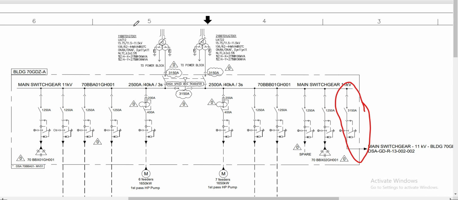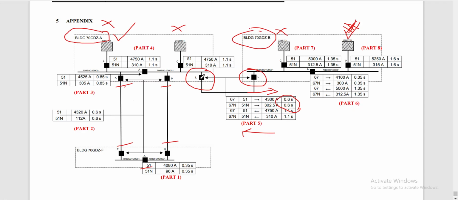So we go back to our summary of our relay settings for the phase overcurrent relay and our directional overcurrent relay. So we have this information. Now we're going to discuss how we got these settings.